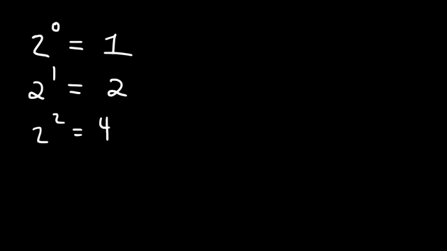Now, here's some information that you may want to know. 2 to the 0 power is 1. In fact, anything raised to the 0 power is 1. 2 to the first power is 2. 2 squared is 4. 2 to the third is 8. 2 to the fourth is 16.